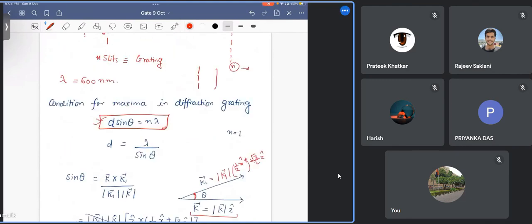So we have to know the angle theta. This is the condition for the diffraction grating, and we have to calculate d. Sin theta can be calculated from K cross K1. This is just the right hand rule.